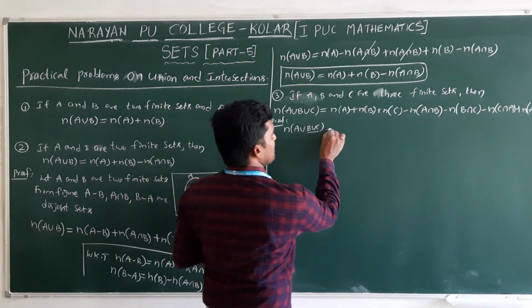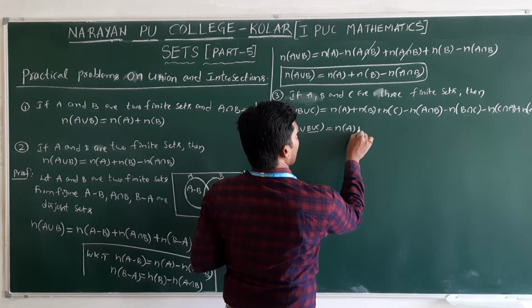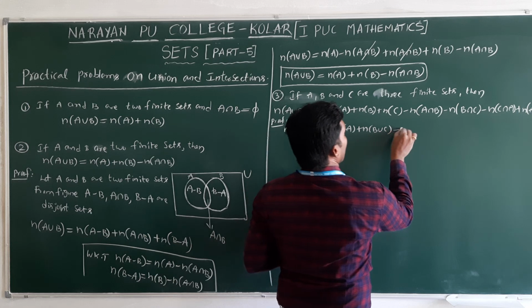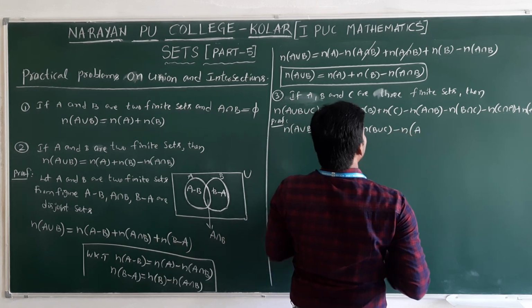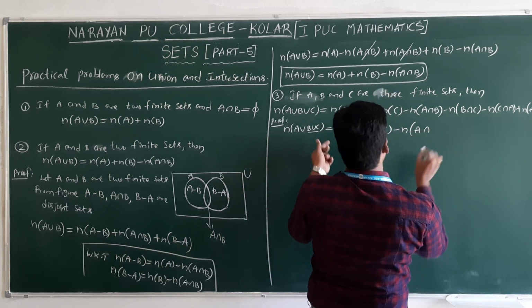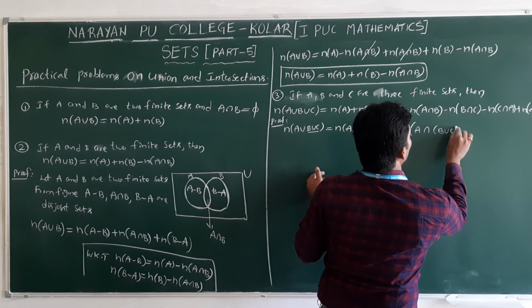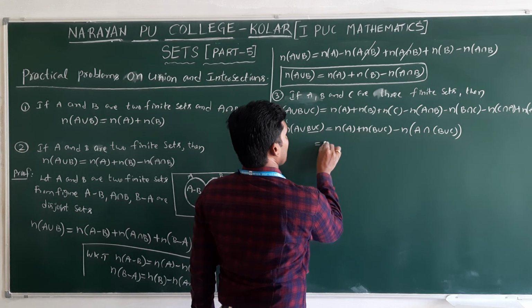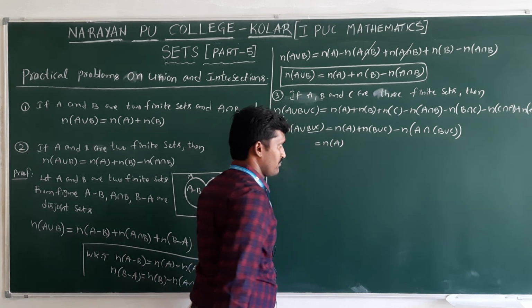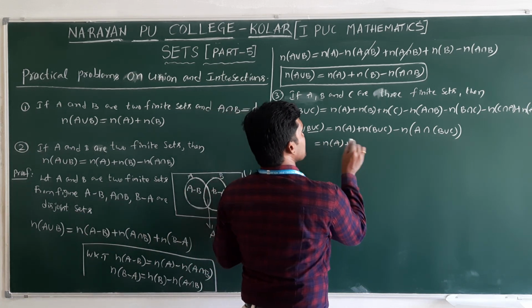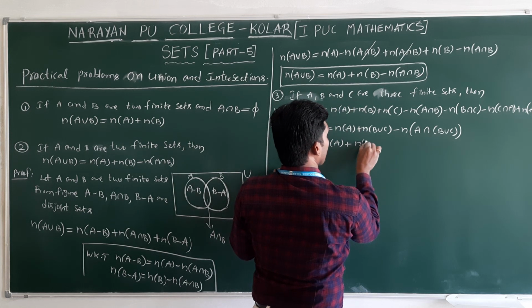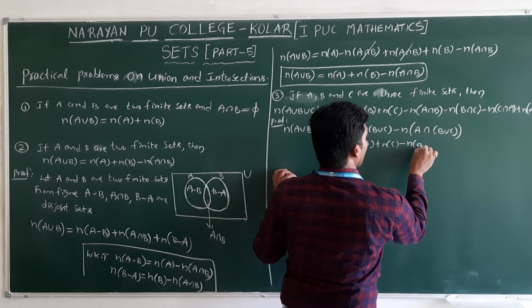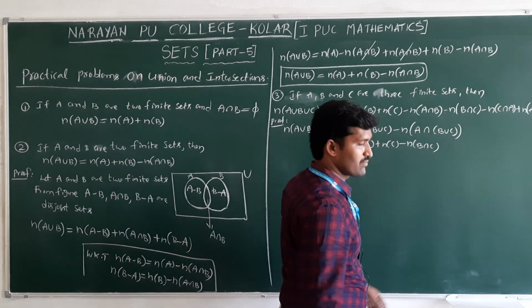I'll apply the formula: n of A plus n of B union C minus n of A intersection B union C. n of B union C, again this same formula we are applying: n of B plus n of C minus n of B intersection C.